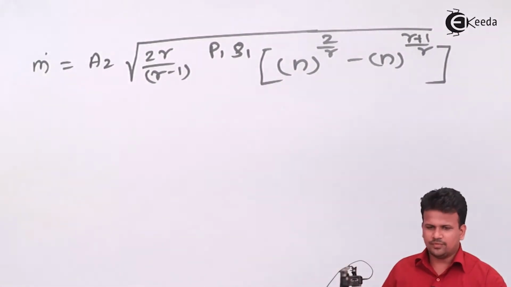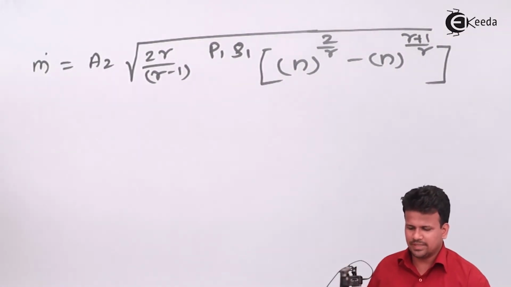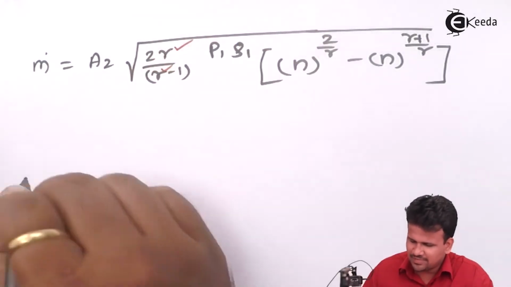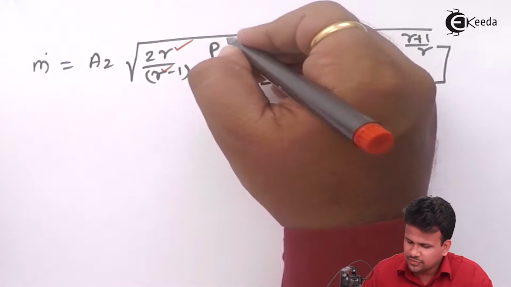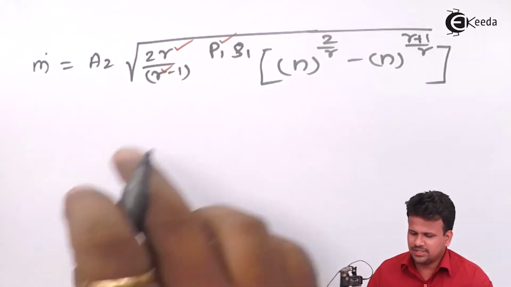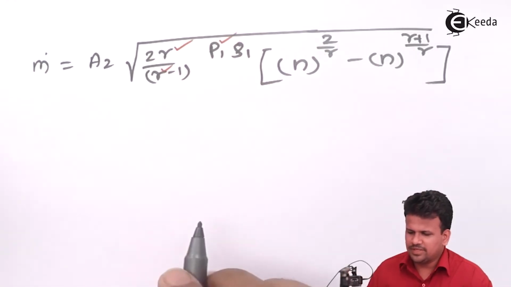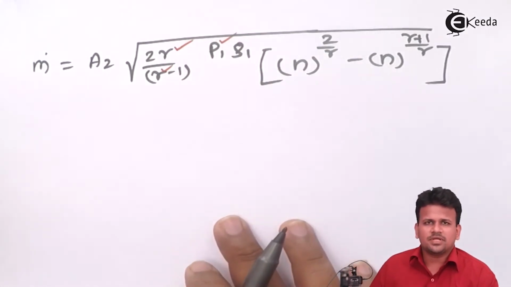So over here, what things do we know? First, we know the value of gamma, which is 1.4. We know the value of P1, which we have calculated as 14.028 into 10 to power 4.